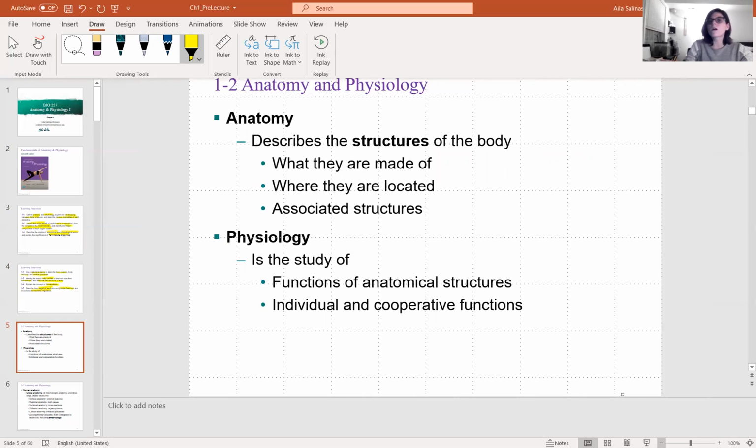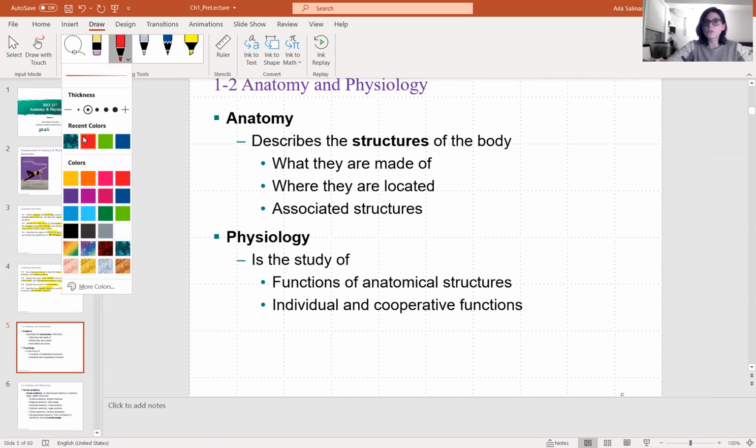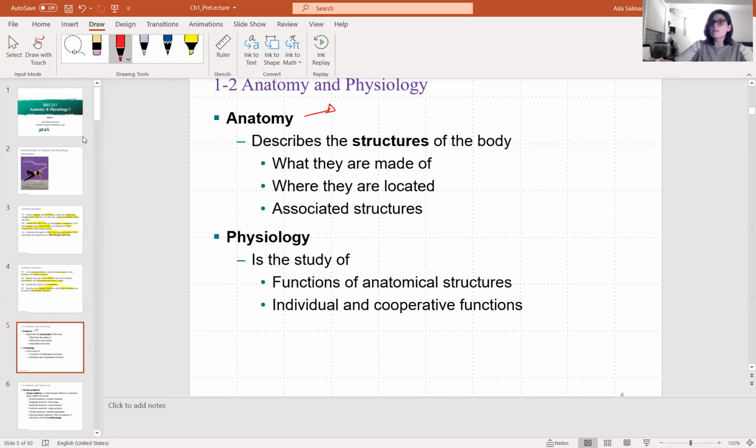In our outcome 1.2, we will start with anatomy. Let me get a pen so I can make my notes. Anatomy is the science that studies structures. Anatomy is a word that comes from the Latin.